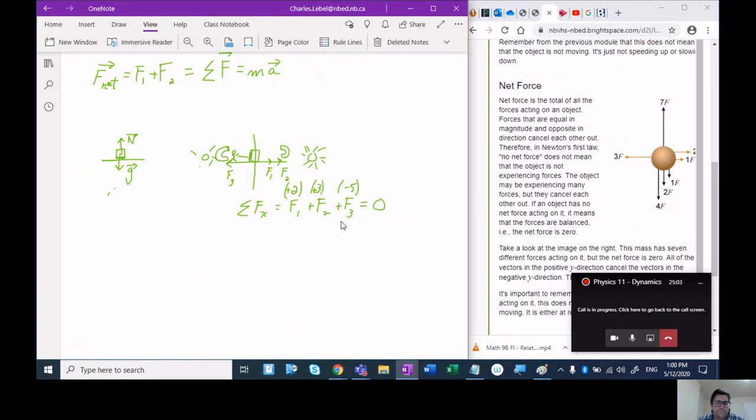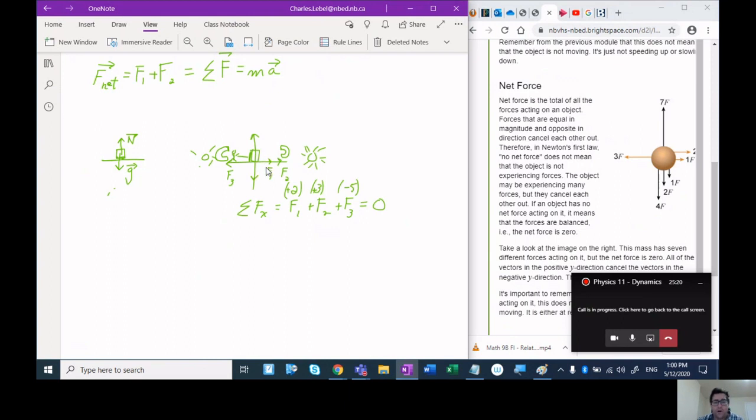It says, look, if you have forces acting on the object, if the object is not moving, it doesn't mean there are no forces acting on it, right?